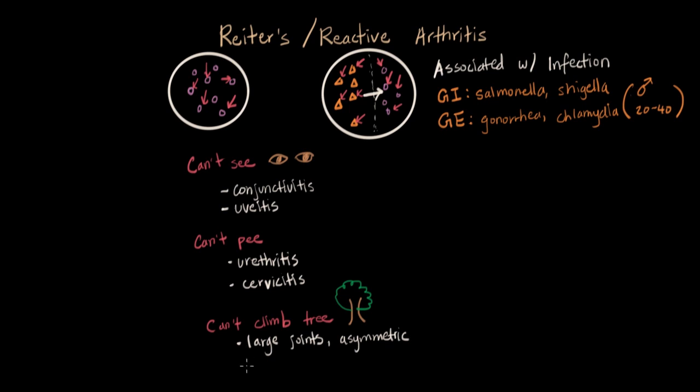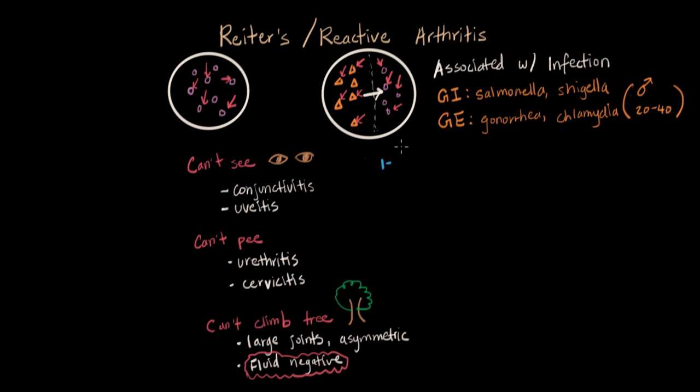And remember that, again, we don't have an ongoing infection in the joints. So if you took a sample of the fluid and tried to grow a culture, the fluid should be negative. This is very different from infectious arthritis, where you can get gonorrhea in the synovial fluids. That would be fluid positive, but this is fluid negative because the infection is not ongoing in any of these organs.